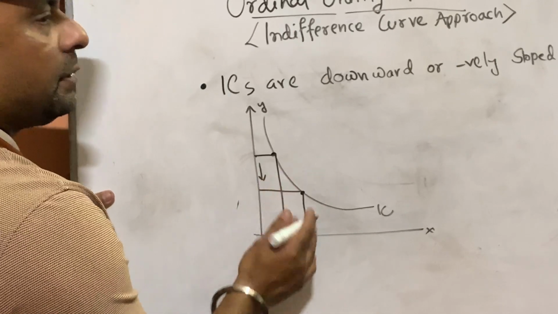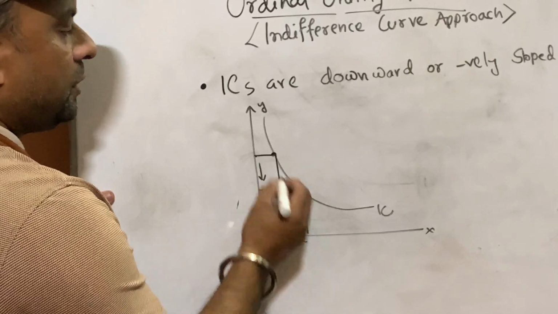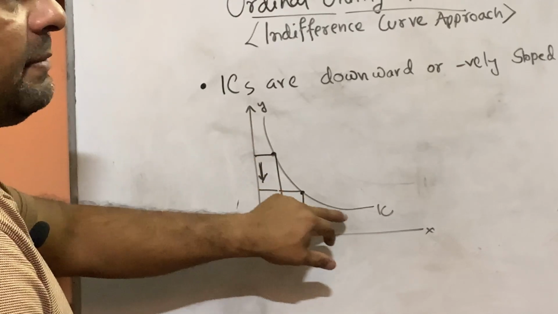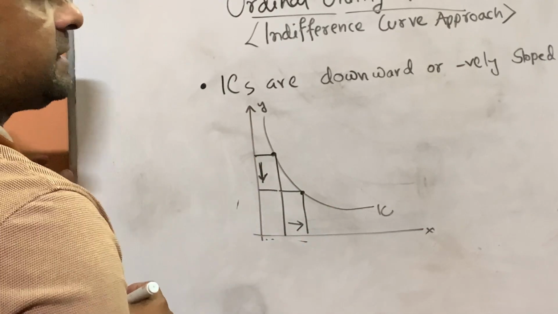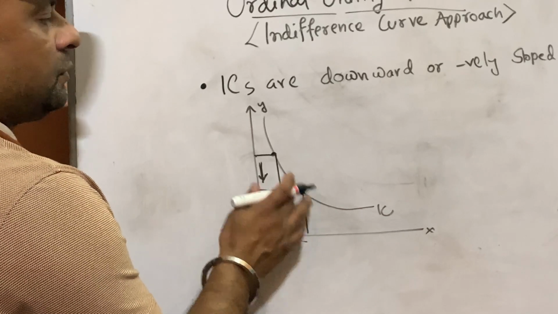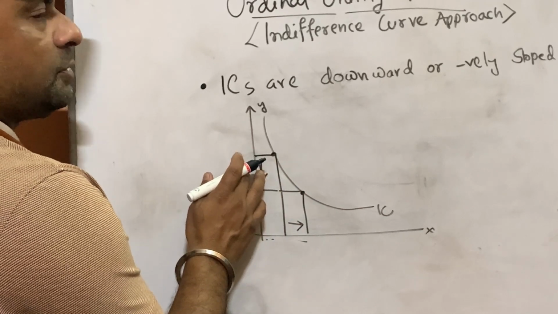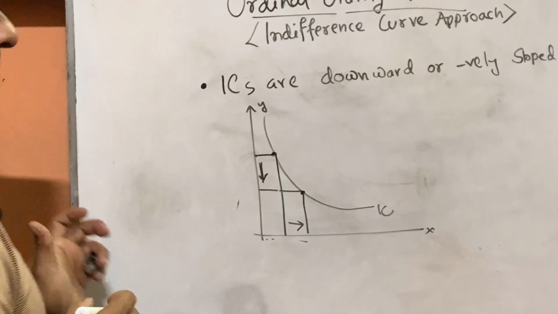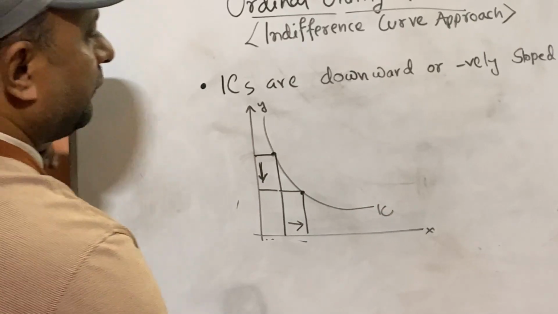If we want to get more satisfaction from one good, we have to reduce another good, if we want to maintain the same level of satisfaction. So if we increase one good, we have to reduce another good. Means opposite relation. So ICs are downward or negatively sloped. This was the second property of the indifference curve.